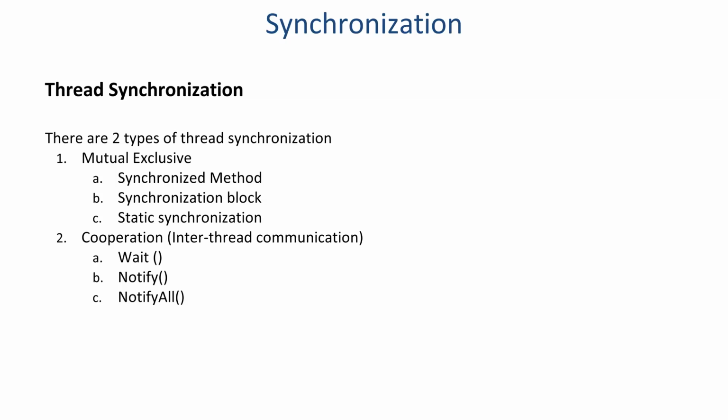And in cooperation, we have wait, notify, and notifyAll. Cooperation is more of an example of inter-thread communication, where the two threads are communicating with each other, asking each other to wait and to resume. We'll be looking at examples of wait, notify, and notifyAll in a future section.